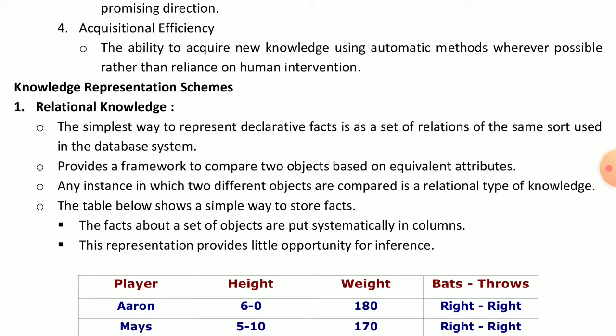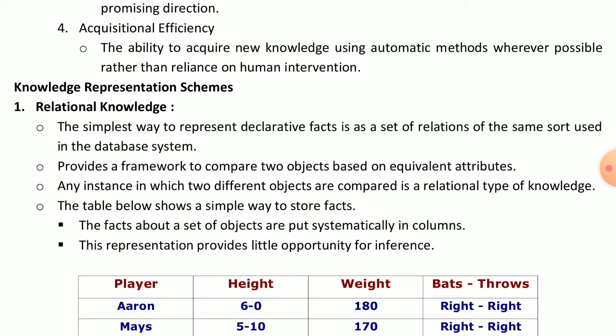Next, any instance in which two different objects are compared is a relational type of knowledge. And then we can find out the different types of knowledge which are present between different objects.